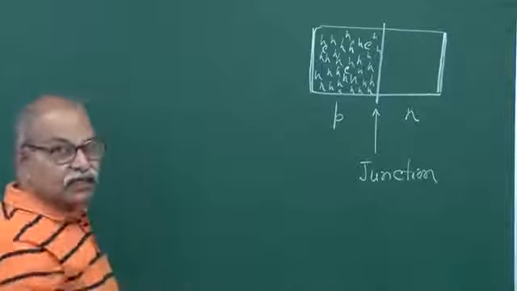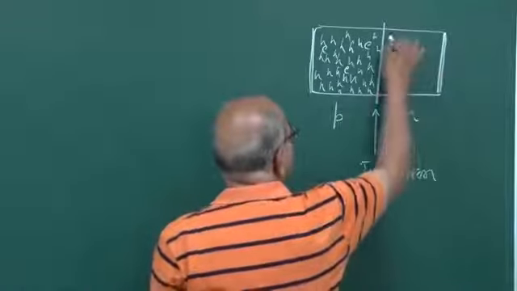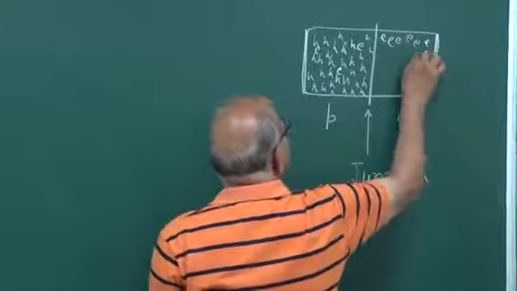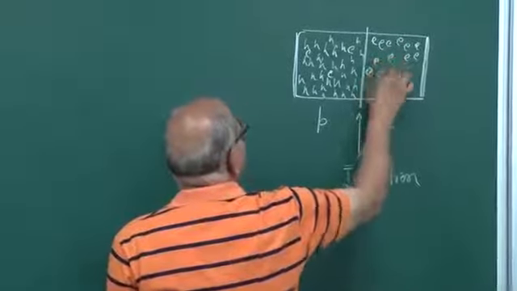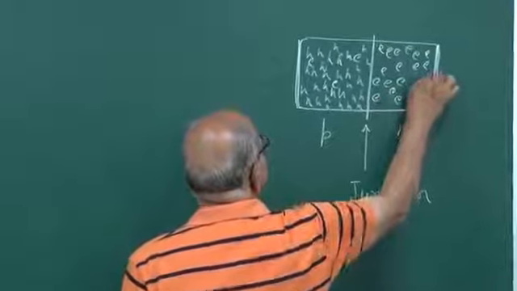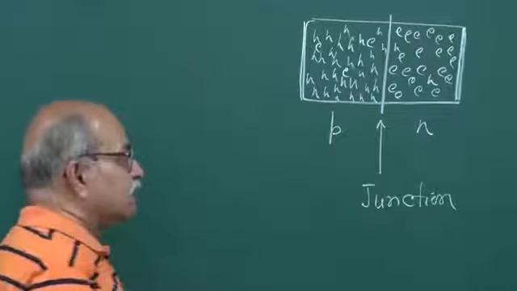The opposite is on the other side, on the N side, the N type semiconductor. Here you have a large number of free electrons, because you have put in all those pentavalent impurities, and then you have some holes somewhere, minority carriers.